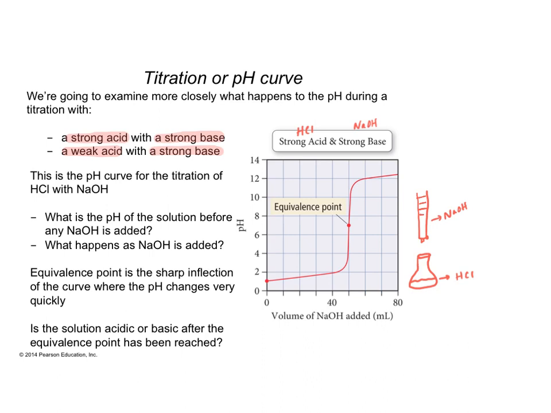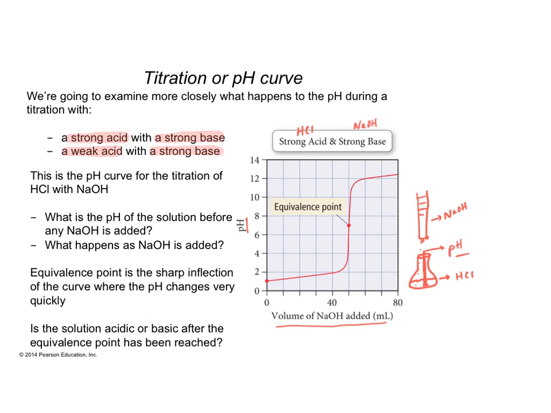Instead of having an indicator, right, instead we're going to have a pH electrode and a pH meter. And so we're going to be measuring essentially the pH as we add volumes of sodium hydroxide from the burette. So our plot here is pH as a function of the volume of sodium hydroxide added, or just the amount of sodium hydroxide added, okay?